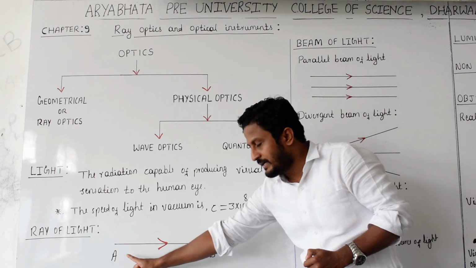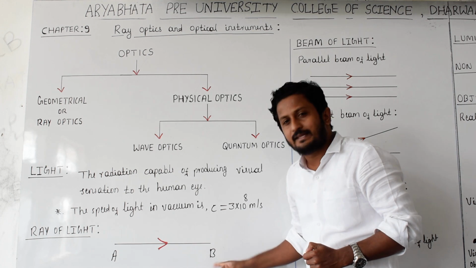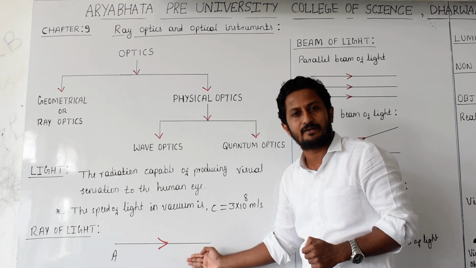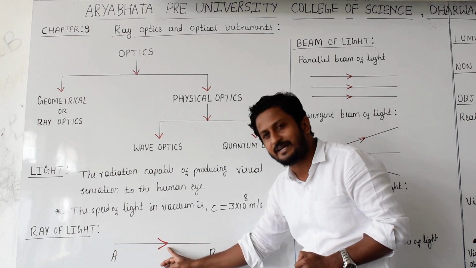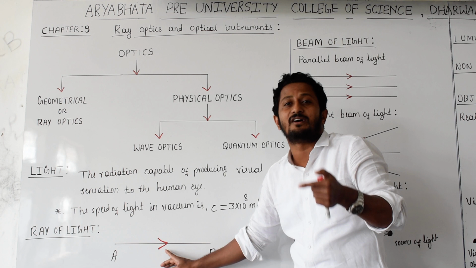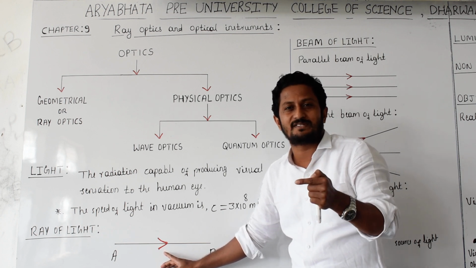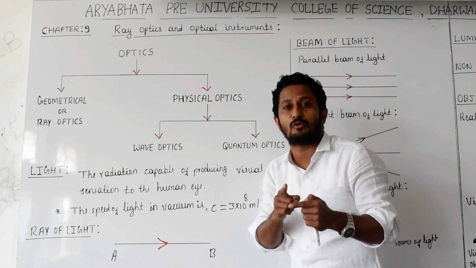Look here. Here A to B. From A to B, that light moved, in a homogeneous medium. This arrow mark indicates the direction of light. Light has its direction, so while representing the ray of light, we must represent that arrow mark.